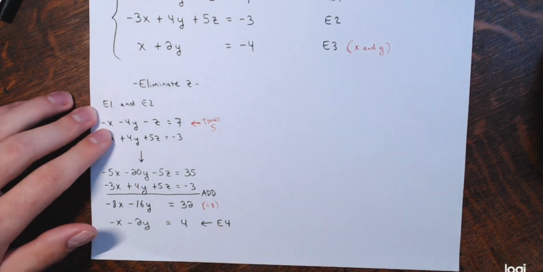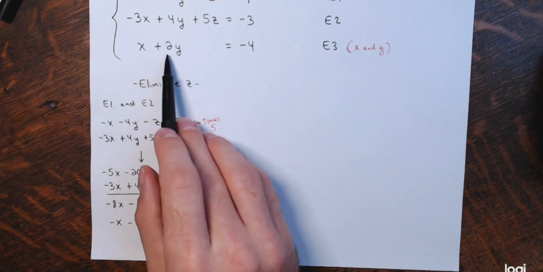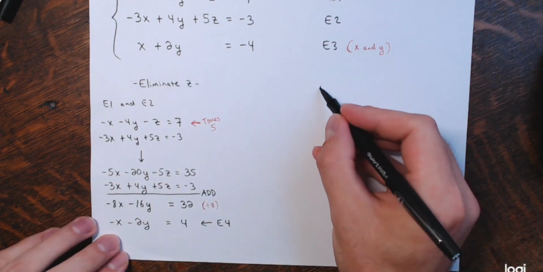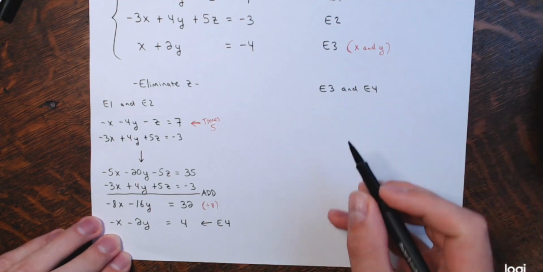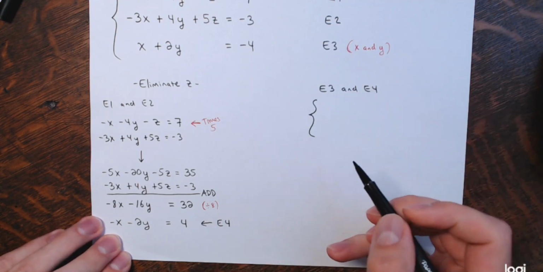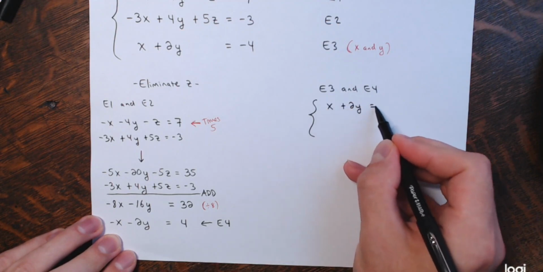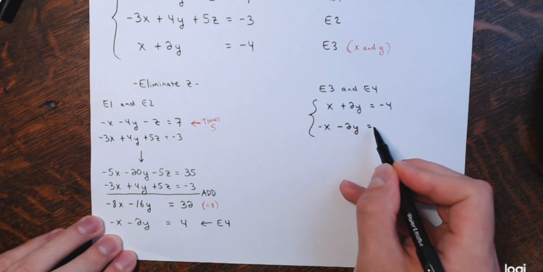All right, E4. Now look, equation 3 that I kept earlier has x and y. Equation 4 has x and y. So equations 3 and 4 make a system of two equations with two variables that I can easily solve, right? So we have x plus 2y equals negative 4, and negative x minus 2y equals positive 4.